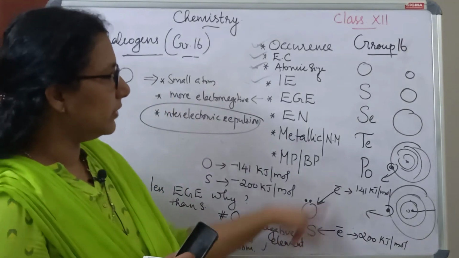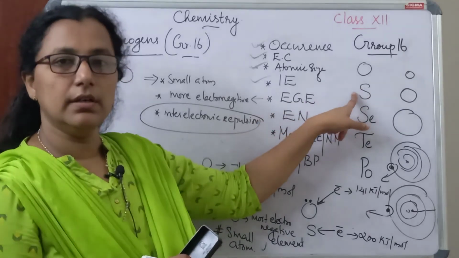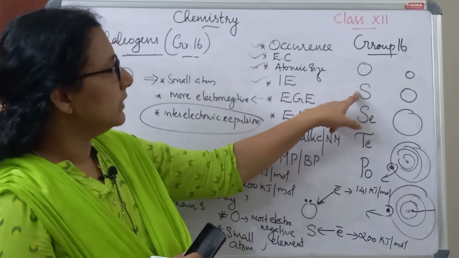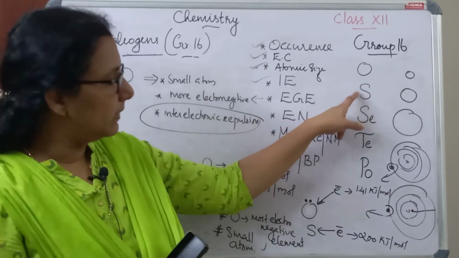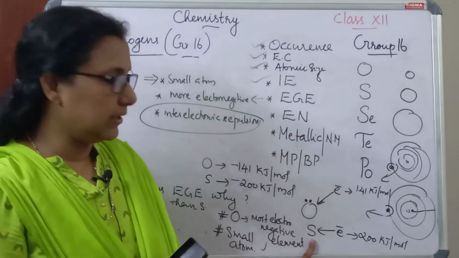But in the case of sulfur, the atomic size is more than oxygen. There is no chance of interelectronic repulsion, and the electron will easily go with sulfur.